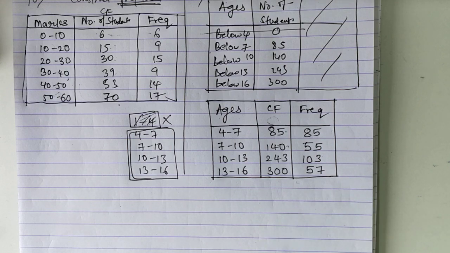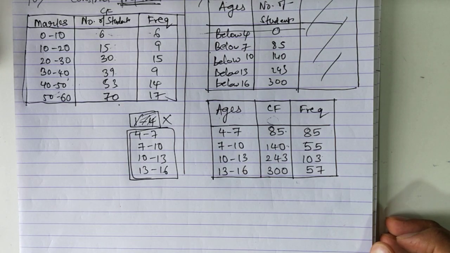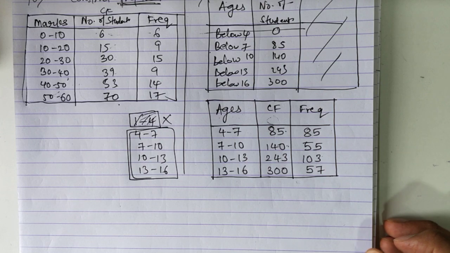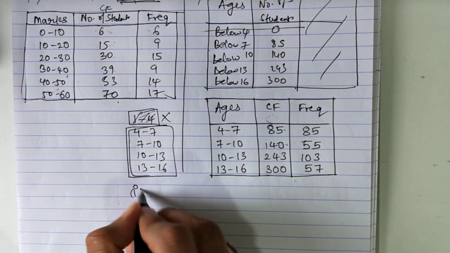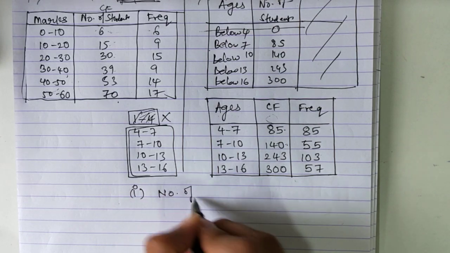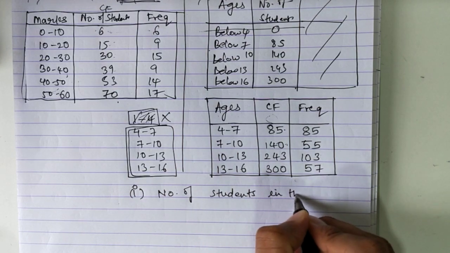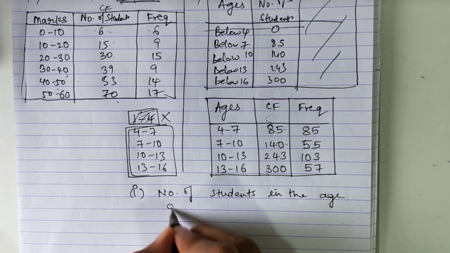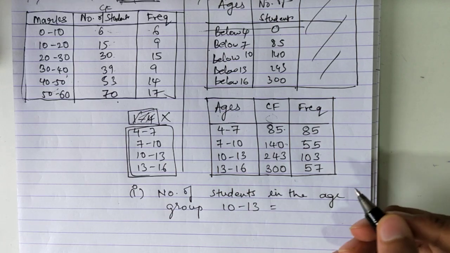Now there are 2 sub questions also along with this. First, state the number of students in the age group 10 to 13. They are asking us the number of students in the age group 10 to 13.